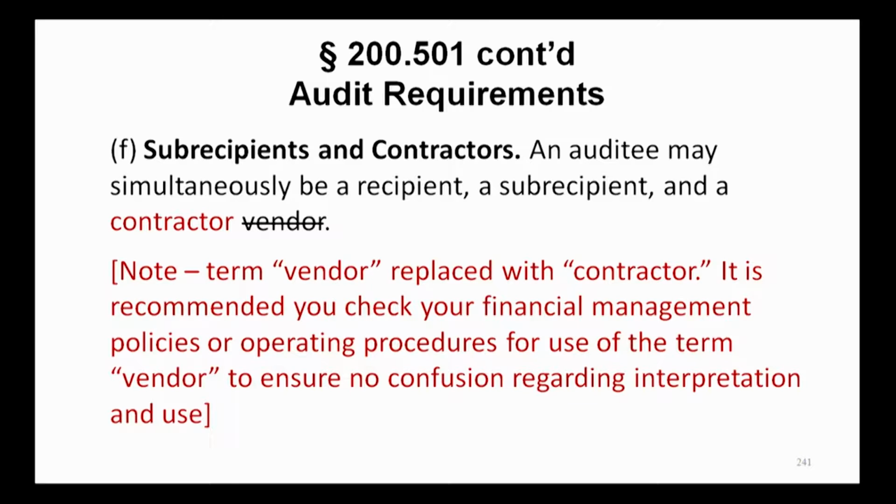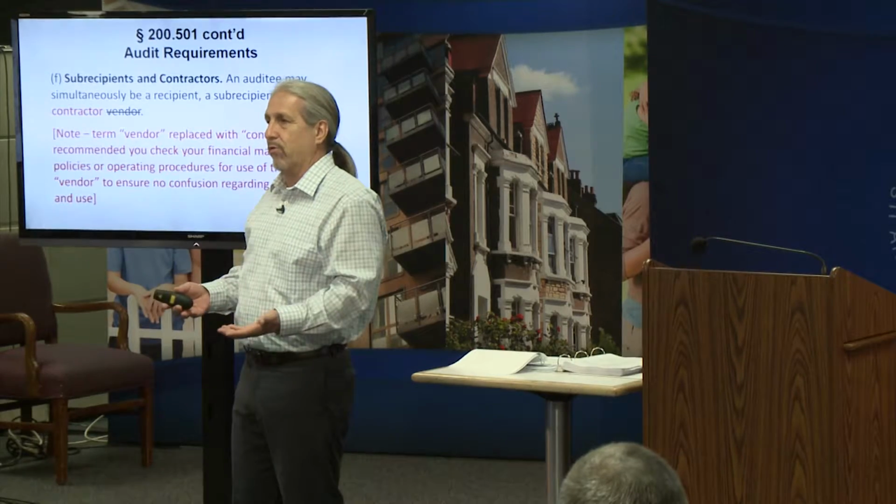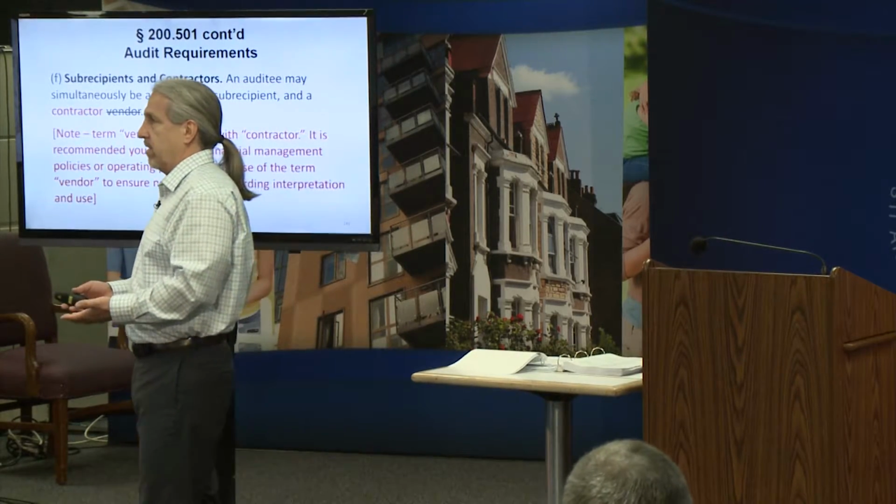This makes the point that an auditee may simultaneously be a recipient, a subrecipient, and a contractor. And here, where A-133 used the term vendor, it has now been replaced consistently throughout with the term contractor. So we recommend you go back to your finance policies and check, and if you use vendor in your procedures, replace it with the term contractor to be consistent.